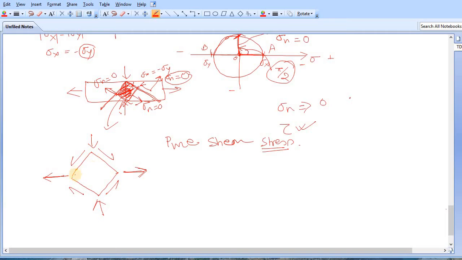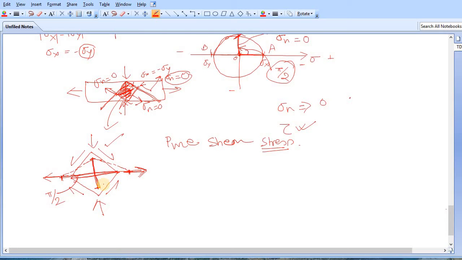So initially each of these angles is pi by 2, and after this stress is applied, what will happen? Due to this resultant tensile stress, this diagonal will be stretched, let's say up to here and up to here. So this is the new diagonal, and also this diagonal will be compressed, let's say up to here. After compression the diagonal becomes shortened, so this square has now become a rhombus like this.